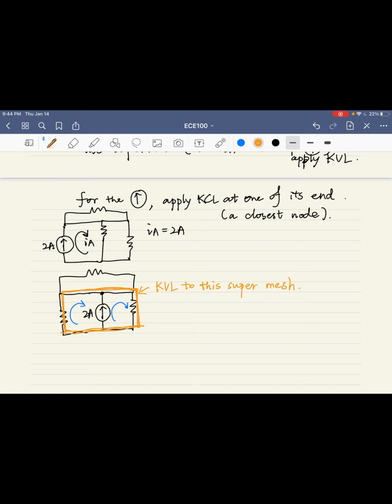And then apply KCL on the current source, just like we discussed here. So IA plus 2 amps should be equal to IB by applying KCL at this node. And you'll be able to solve it.